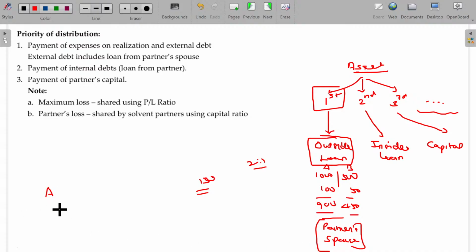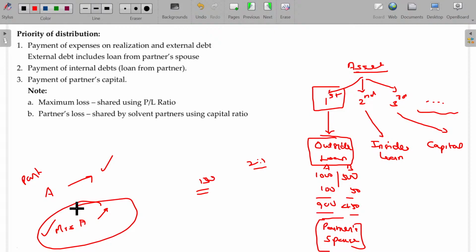A being the partner, Mrs. A is the spouse of A. If A gives the loan, being the partner, this is called insider's debt. If the debt is borrowed from Mrs. A, the spouse of the partner, then it will be considered as outsider's loan. After paying this, if you still have surplus, then you can pay this one. Understand? So then we'll go for the insider's loan.